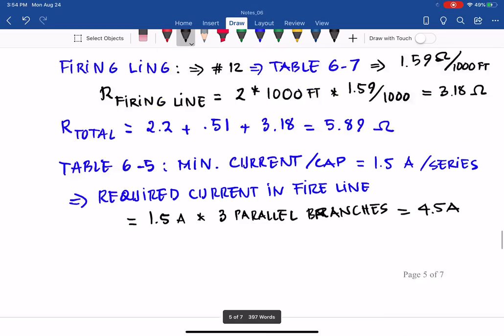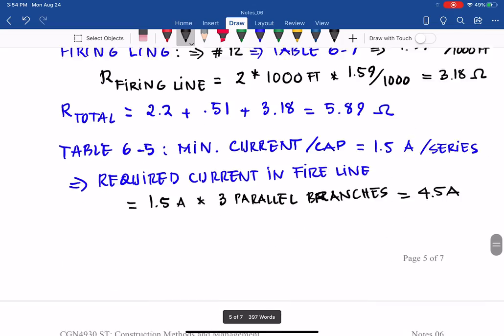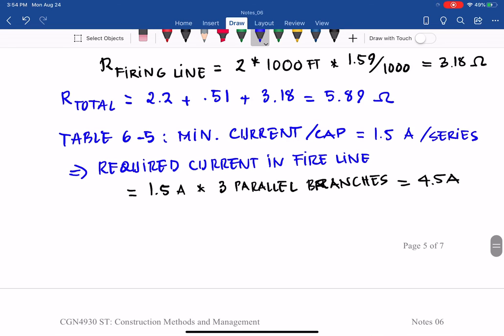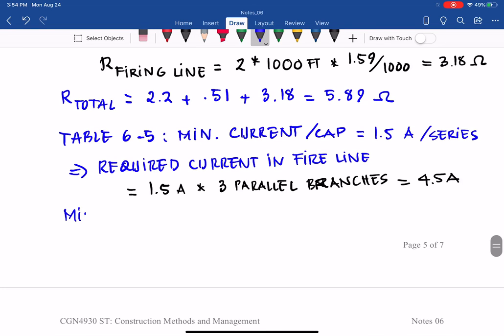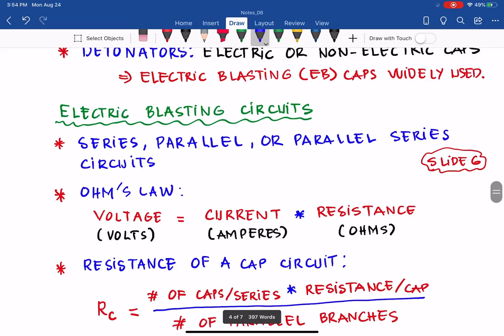And the last step is we determine the voltage necessary. So we apply Ohm's law for the minimum voltage, which is equal to current times the resistance.